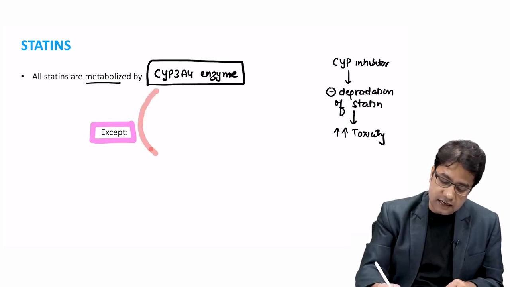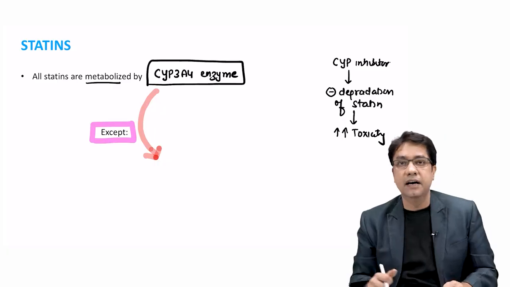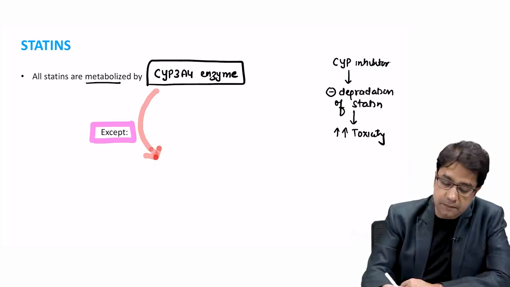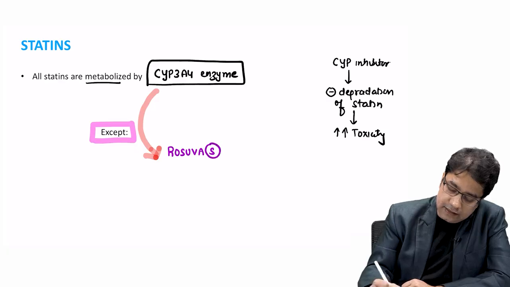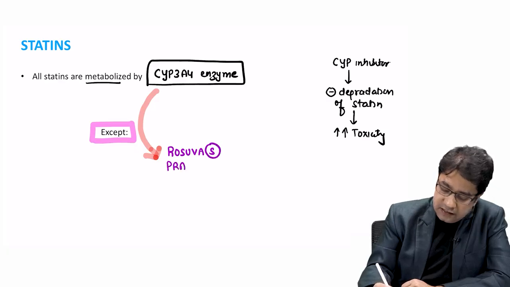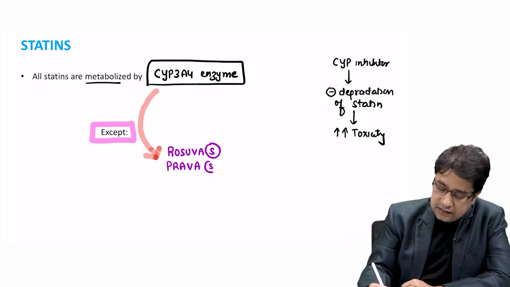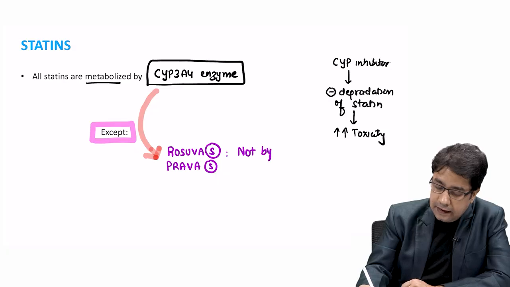Which statins are not degraded by the CYP3A4 enzyme? The first is again rosuvastatin, and the second one is pravastatin. Rosuvastatin and pravastatin are not metabolized by any CYP enzyme.